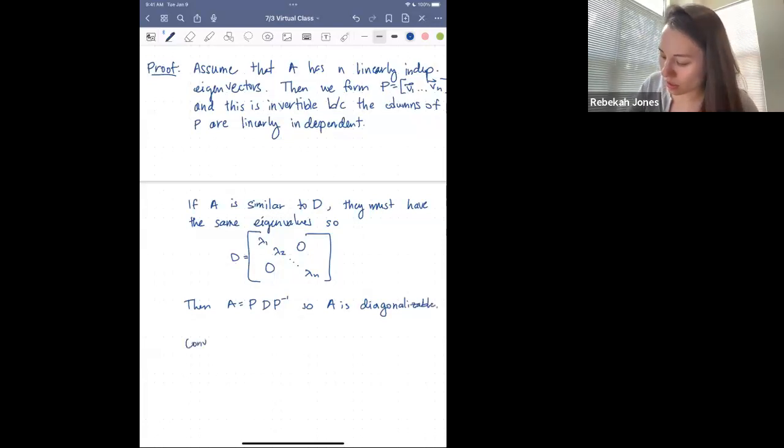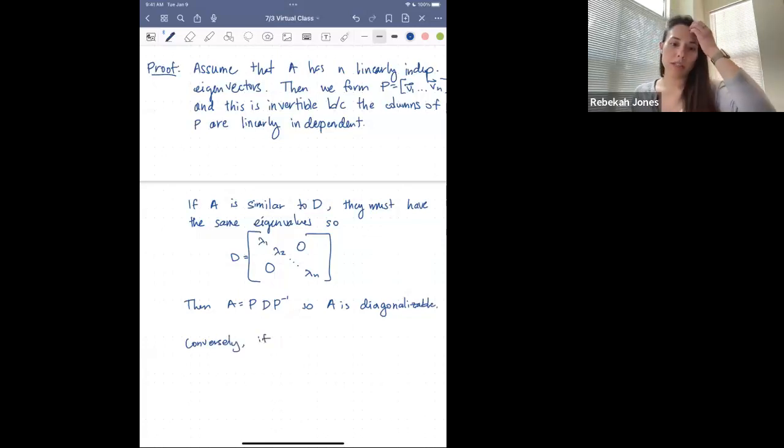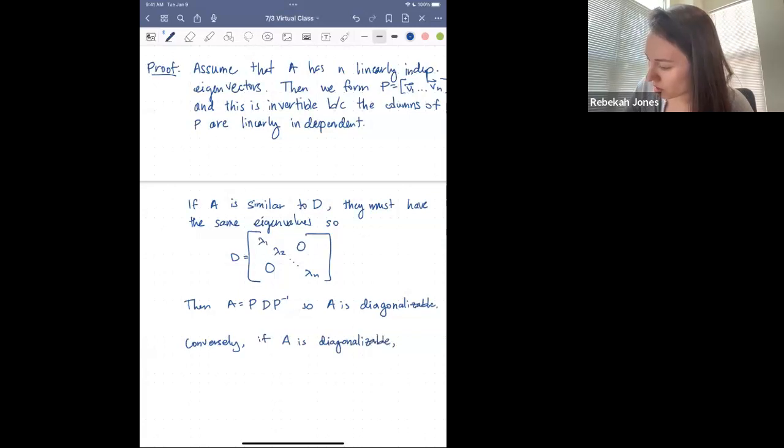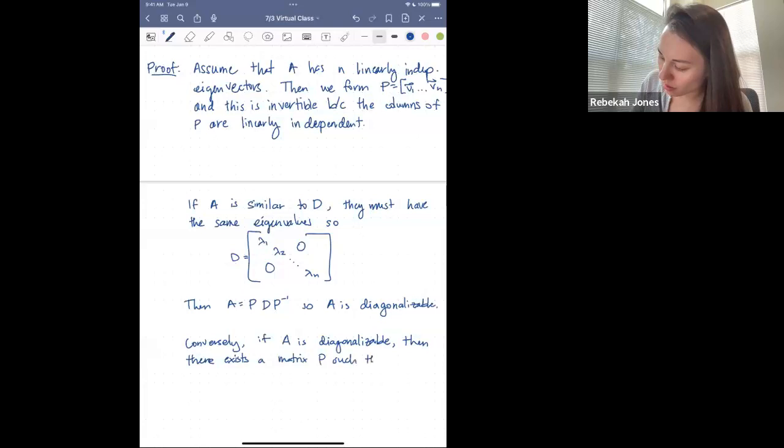And conversely, if we start with the fact that A is diagonalizable, then that means that there exists a matrix P such that A is equal to P times D times P inverse.